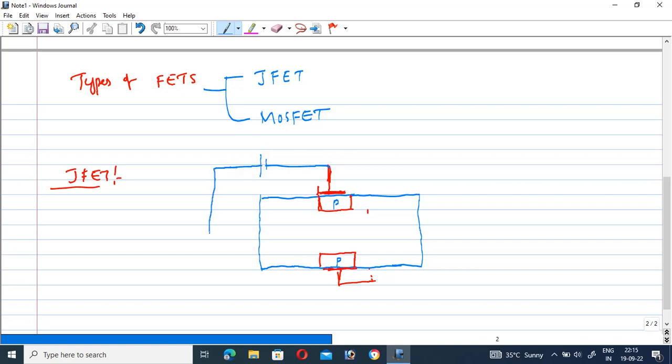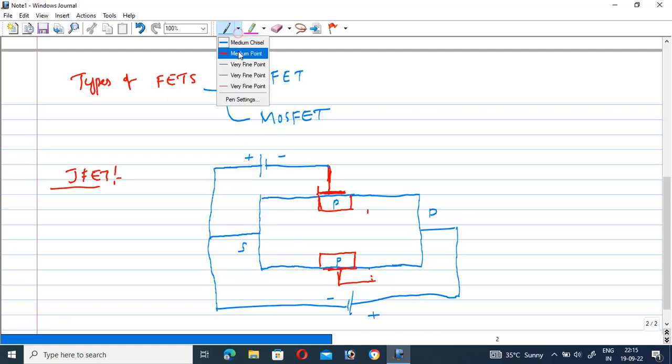This terminal is connected to the source, and this is the drain. The drain is connected to the source through VDS, with plus and minus. This is generally called VGS, and this is generally called VDS.